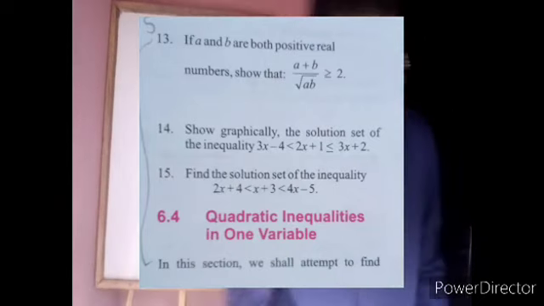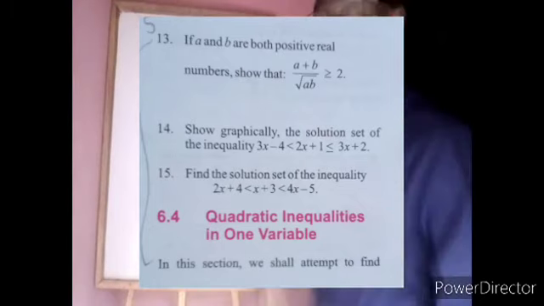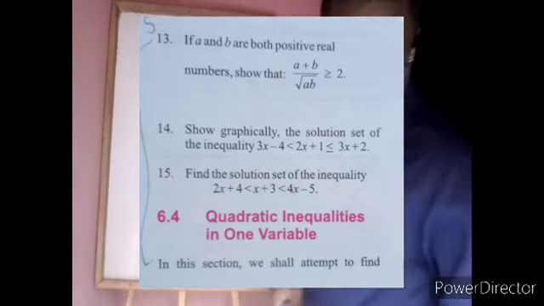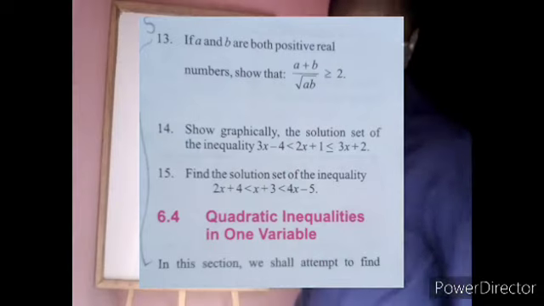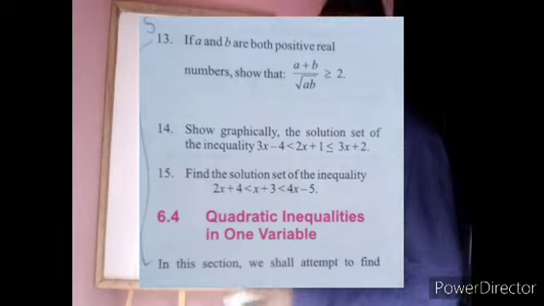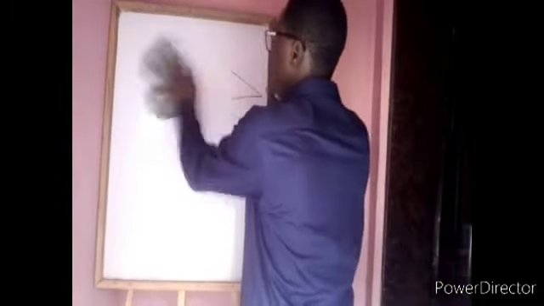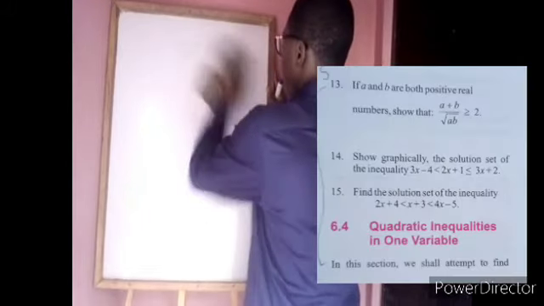So in this example, we have a simple example here where we are told that if a and b are both positive real numbers, then a plus b divided by the square root of ab is greater than or equal to 2. Now this can be quite tricky.